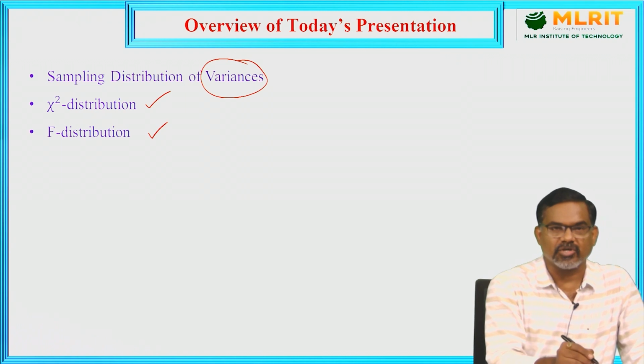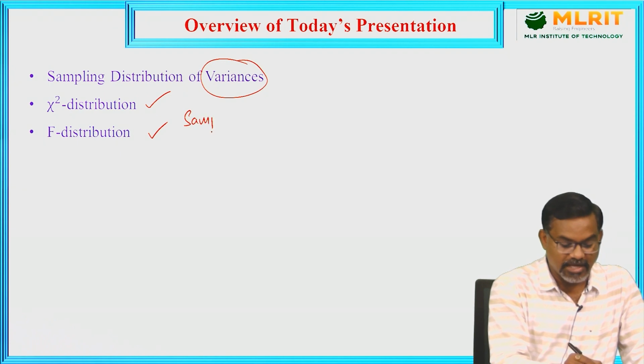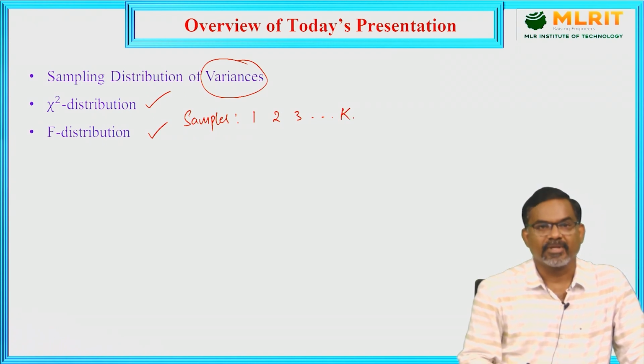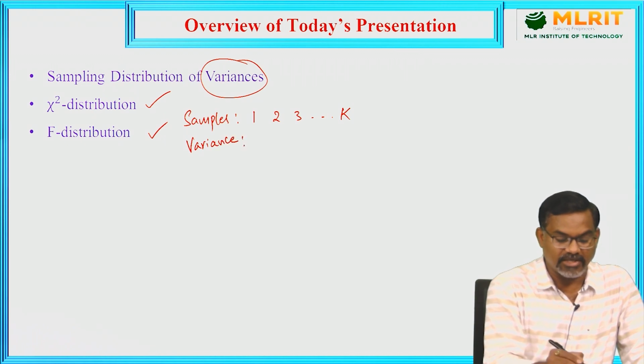Let us draw, for example, k samples from a given population: first sample, second sample, third and so on, up to the kth sample, and calculate the variance for each of these k samples.